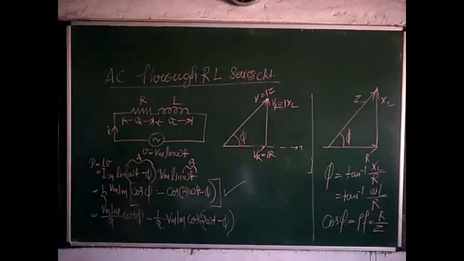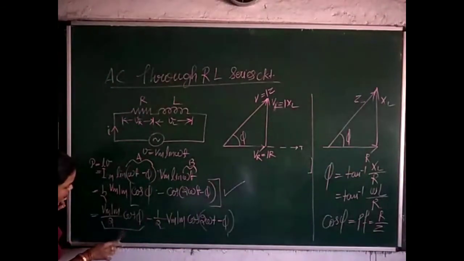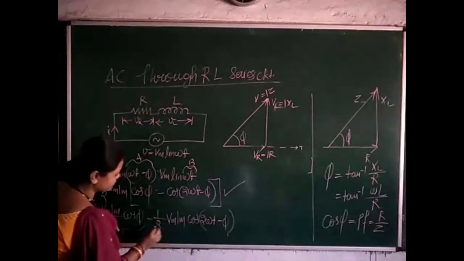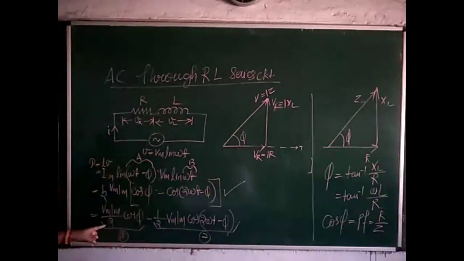Again I repeat, the instantaneous value of power of an RL series circuit consists of two parts. First part is Vm Im by 2 cos phi, this is part 1, and this is part 2. Part 1 is the real part.